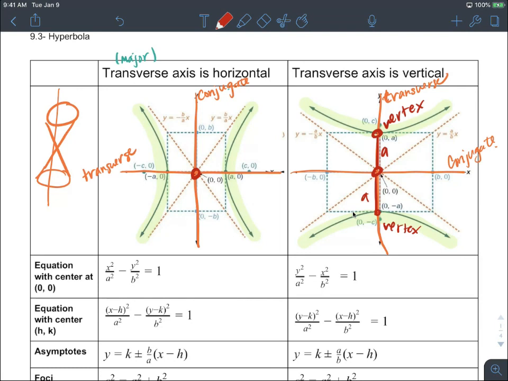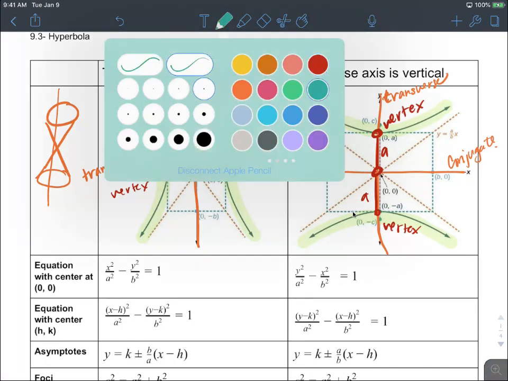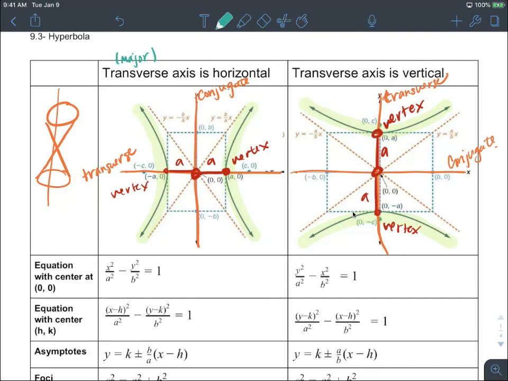Again, from the center to the vertex is a distance of a, so that doesn't change. And then the distance from here to the top of this box, which I'll tell you all about, is the distance b. So on the conjugate axis, the distance is b, in both directions.